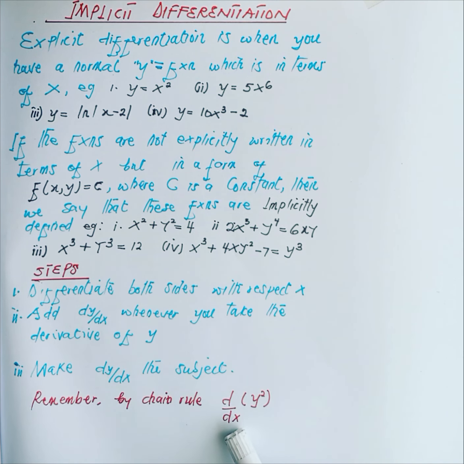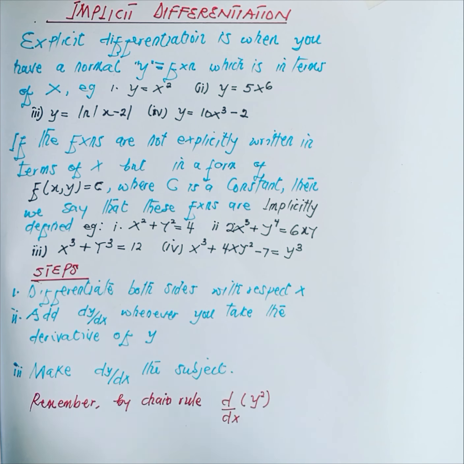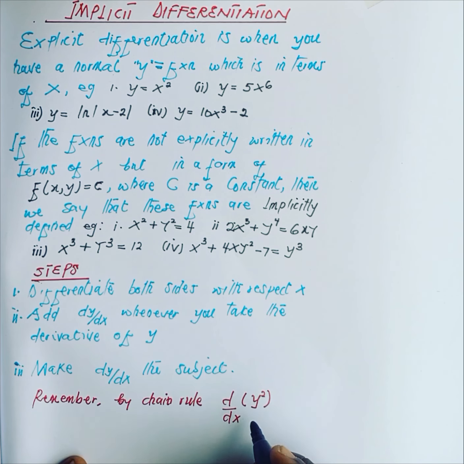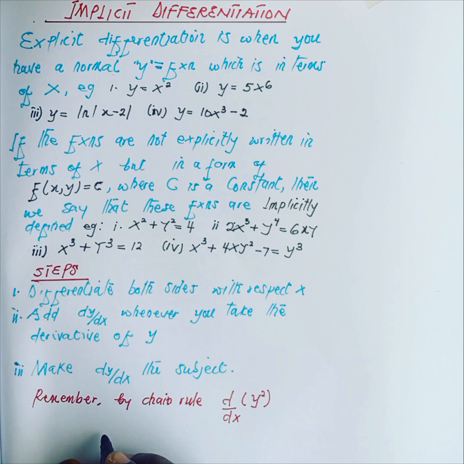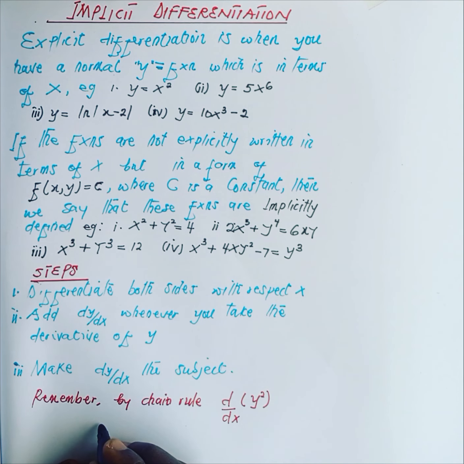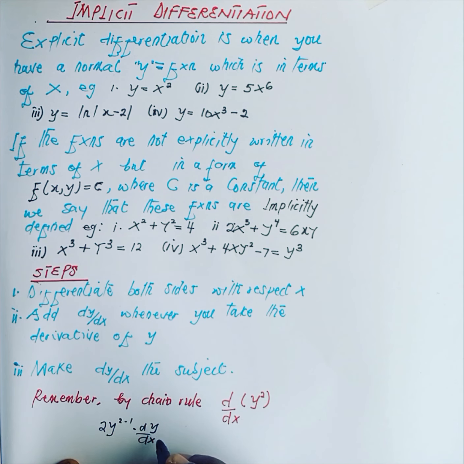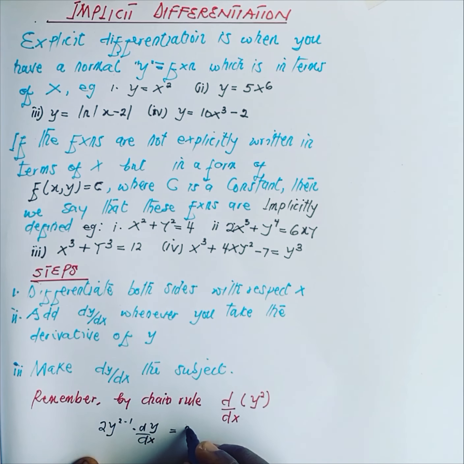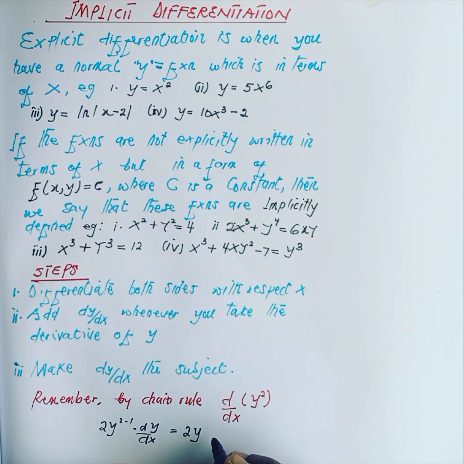The chain rule says we differentiate the outside function, which gives 2y to the power 2 minus 1. Then we differentiate the inside function, which is y, giving dy/dx. So at the end, we get 2y dy/dx.